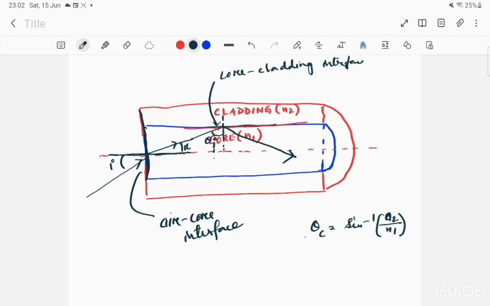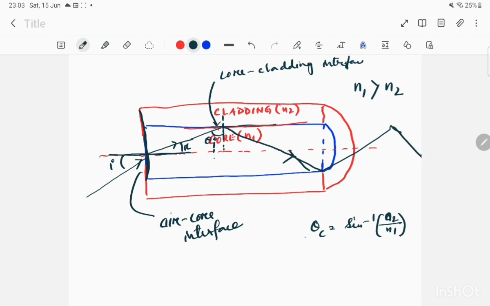Now for total internal reflection to happen, n1 must be greater than n2, because total internal reflection happens only when the ray of light is moving from denser to rarer media. So it is very much clear that if the light has to pass through the core of the optical fiber to transmit the information, it must suffer total internal reflection at every core cladding surface.